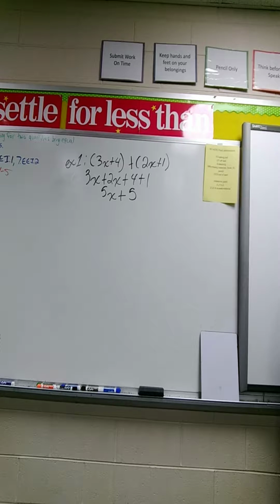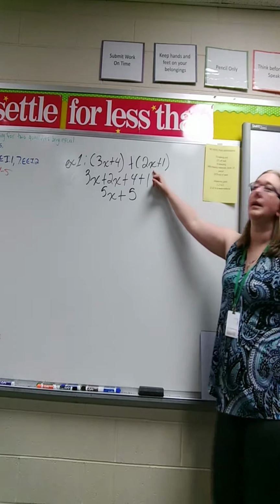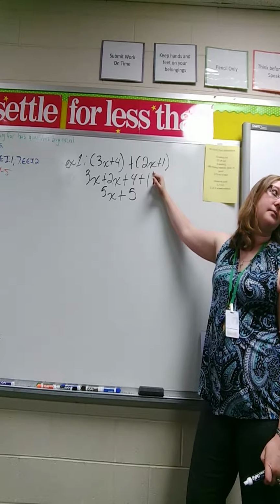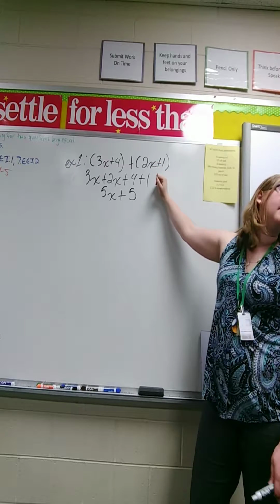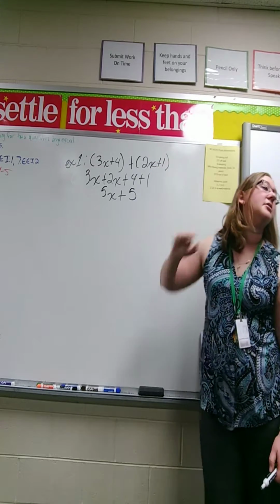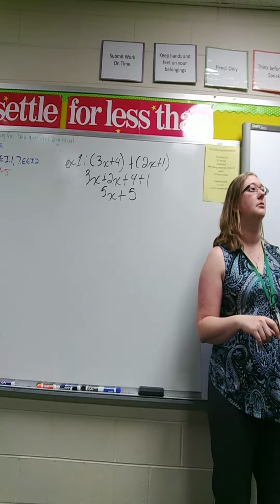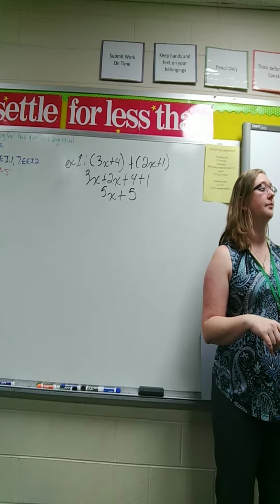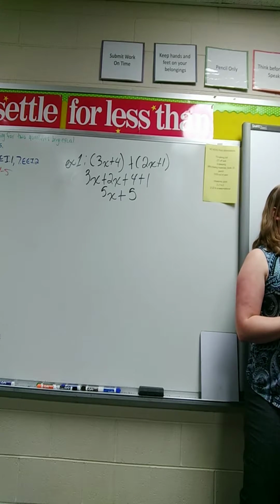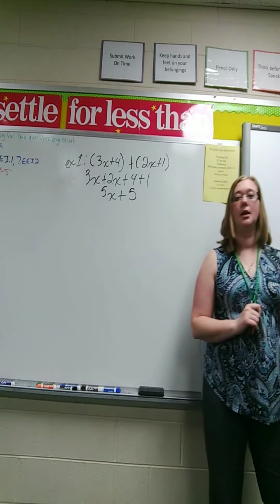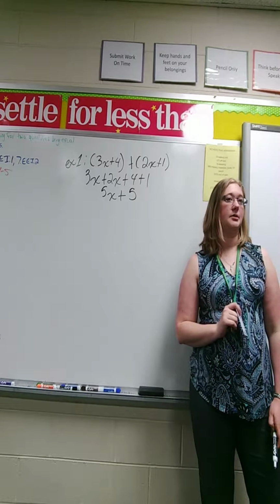No. If it's within the same problem, if the variable is the same, then I can combine them. But if this was a y instead of an x, I can't do anything. If this was the letter t instead of an x, I can't do anything. As long as the variable is the same, I can combine them. Does that make sense? Okay. Any other questions?